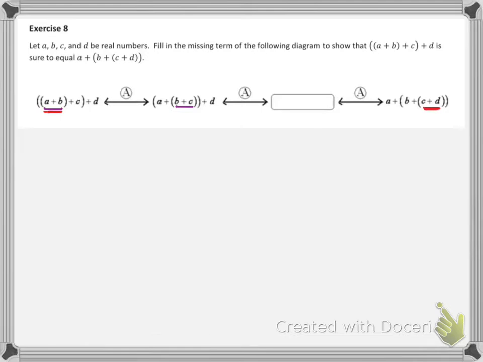So eventually we're moving this parentheses all the way across to the end. So I would say that in this section, we would have A plus B plus C, and then plus D. And that's the associative property.